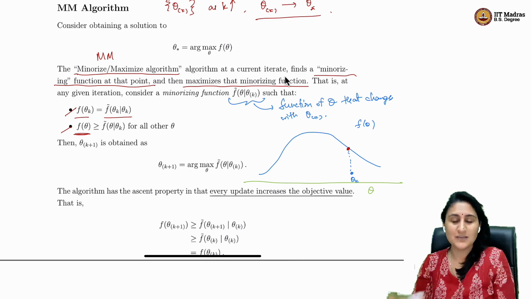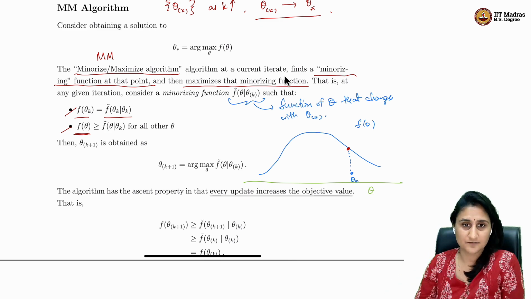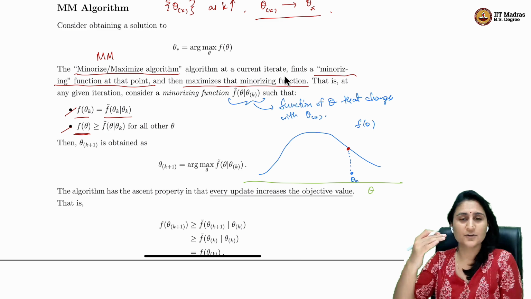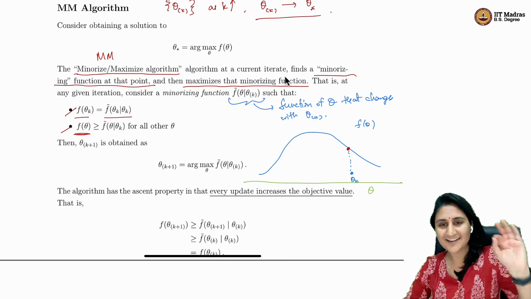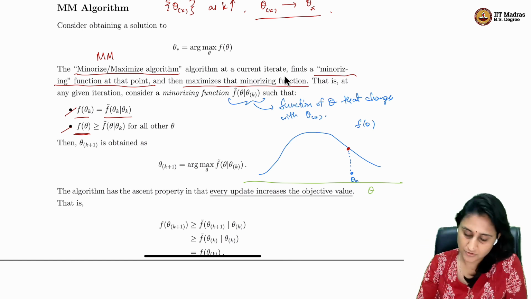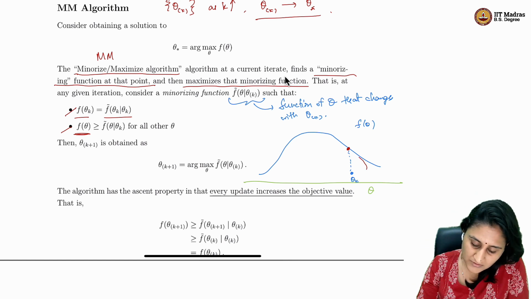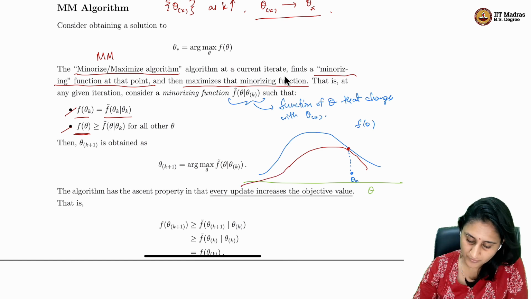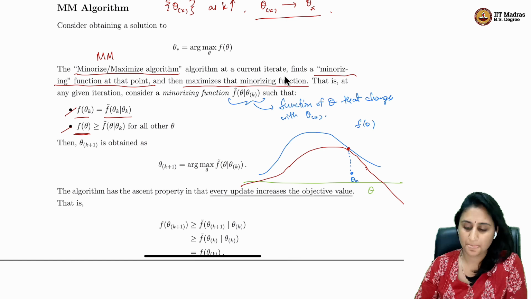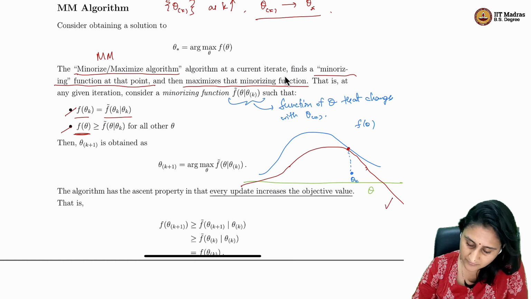So it will always be greater than or equal to my minorizing function, which means the minorizing function lies below my objective function everywhere, but at theta k, it touches my objective function. So I want to construct a minorizing function that looks something like this maybe. Then it can keep on going in some way. It might go on like this. This in red is my f tilde of theta given theta k.